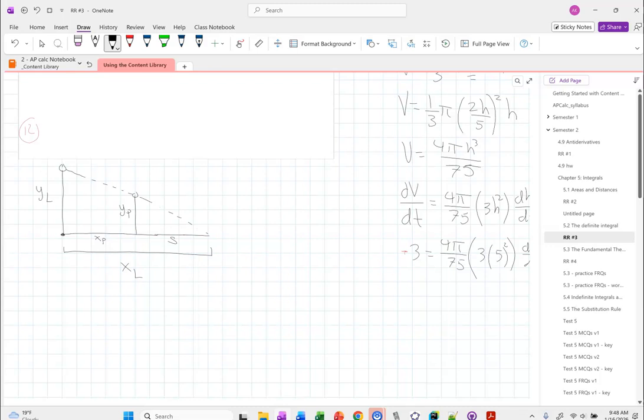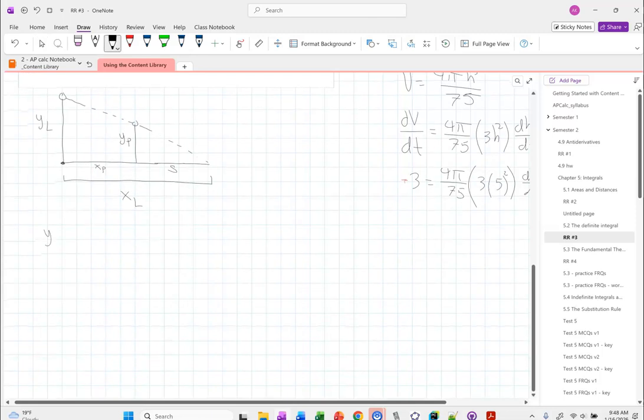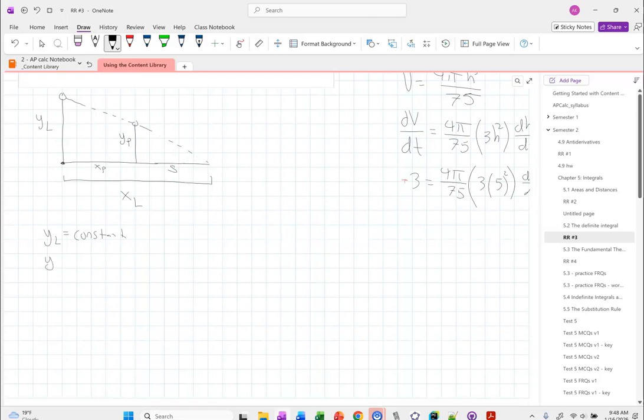So let's think about this. We have two constants here, right? The height of the person, the height of the lamp. And then as we're walking away, the xp is growing, right? So that's changing. The length of my shadow is going to do what as I'm walking away?